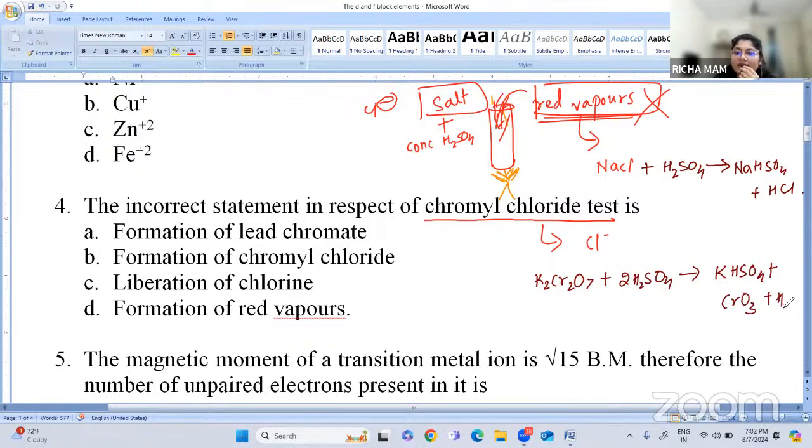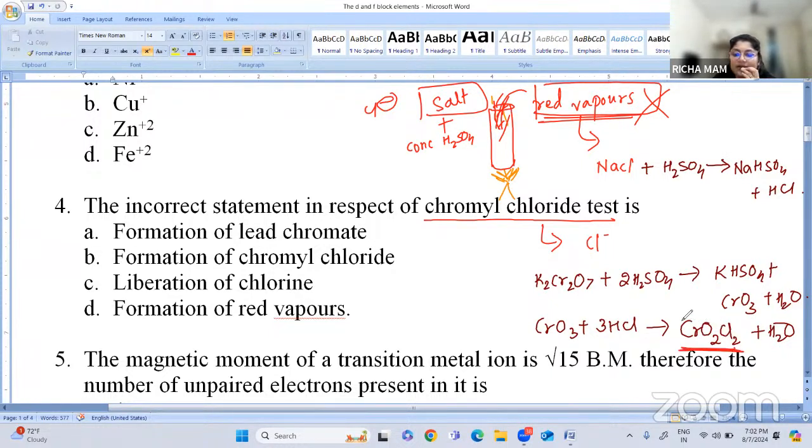This chromic oxide reacts with the HCl. All the reactions are happening inside the test tube and it will form chromyl chloride, which is nothing but the gas vapors. So, chromyl chloride test.